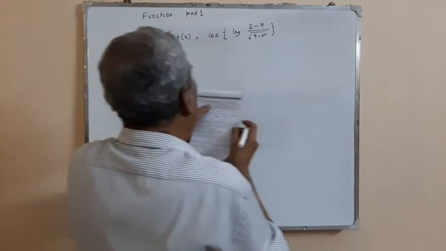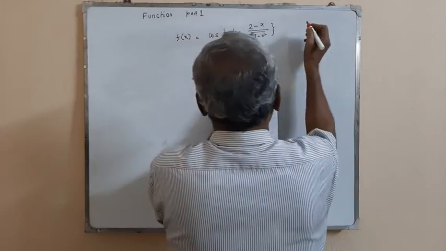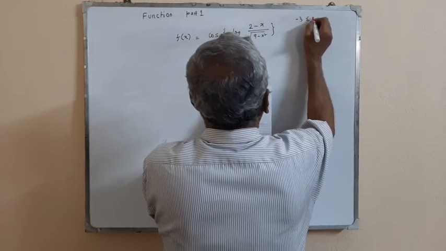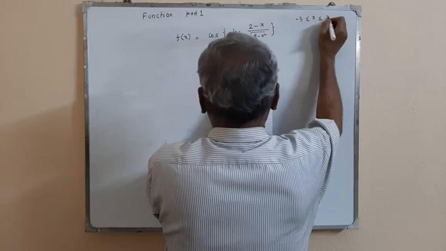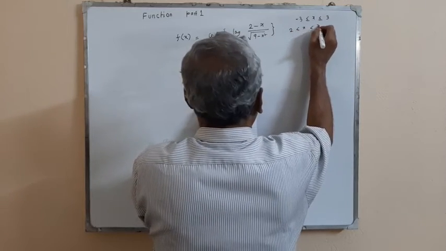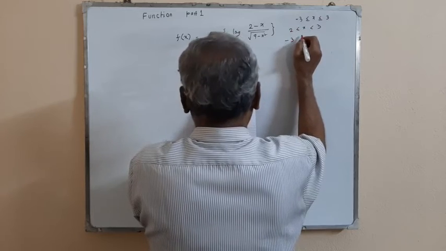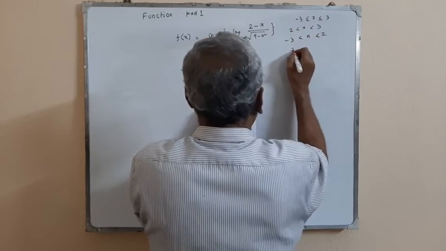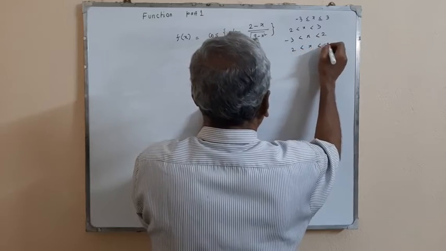The options are: minus 3 less than or equal to x less than or equal to 3; 2 less than x less than 3; minus 3 less than x less than 2; 2 less than x less than 3.